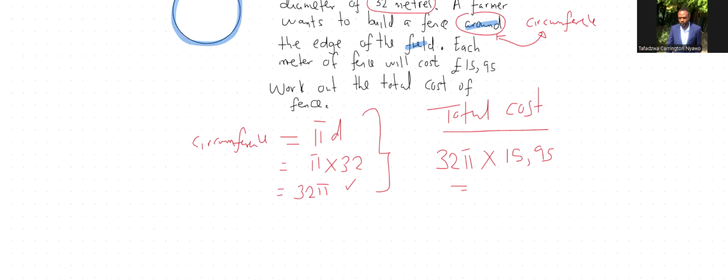All right, so I've got 1,603 pounds and 47 pence. Right. So this will be the total cost of the fence.